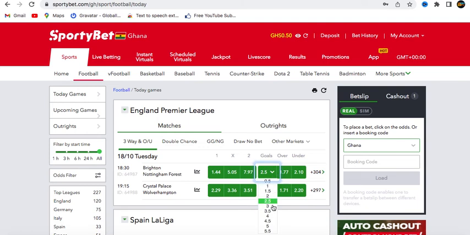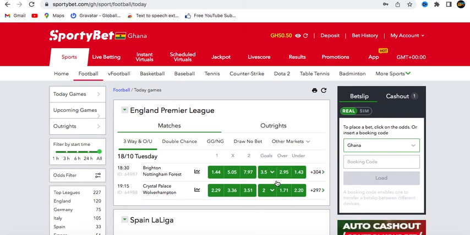Let's check on the over 3.5 goals. You can see that over 3.5 goals, they are having 2.95 odds, and it is very hard for 3 or more goals, or 4 or more goals, to happen in this game.